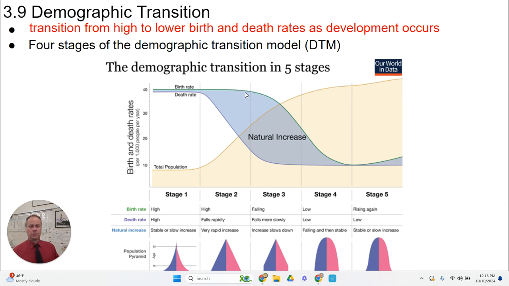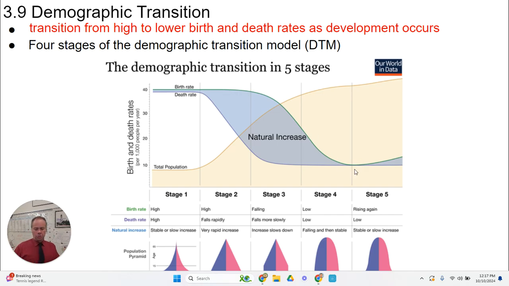These things tend to decrease the birth rate. So as we reach stage 3, the birth rate falls, and therefore population growth starts to level off, because birth rate is falling and death rate has been reduced previously. In the population pyramid, we see a sort of column shape towards the bottom, representing slowing population growth.